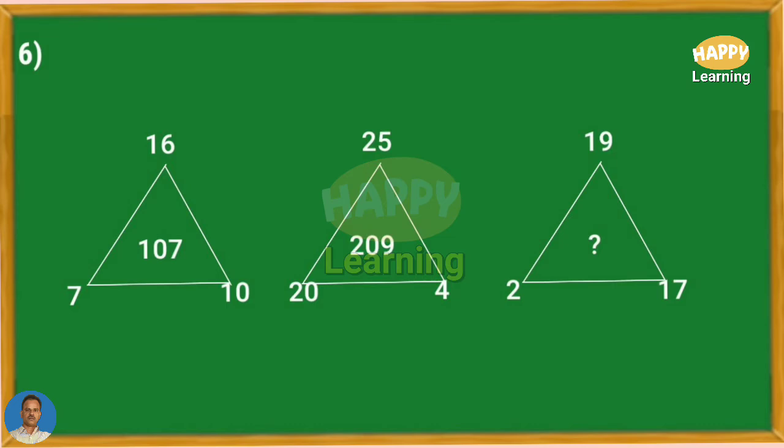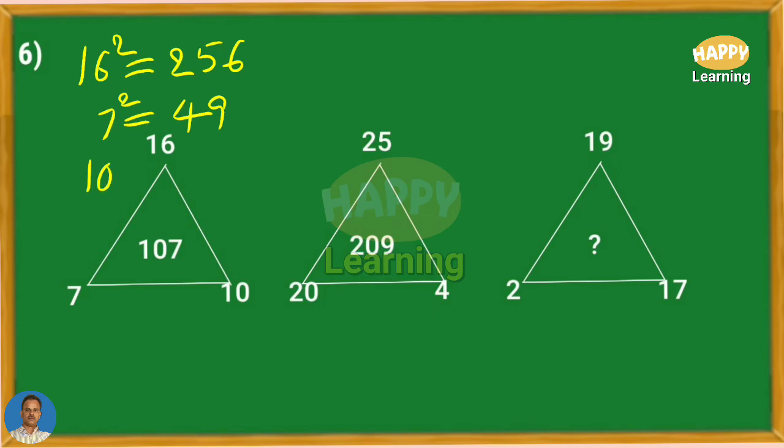Here, 16 square is equal to 256. This first value is taken. 16 square equal to 256. Then 7 square equal to 49. Then 10 square equal to 100.